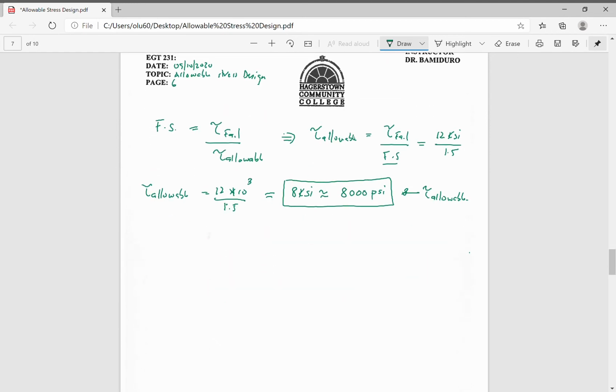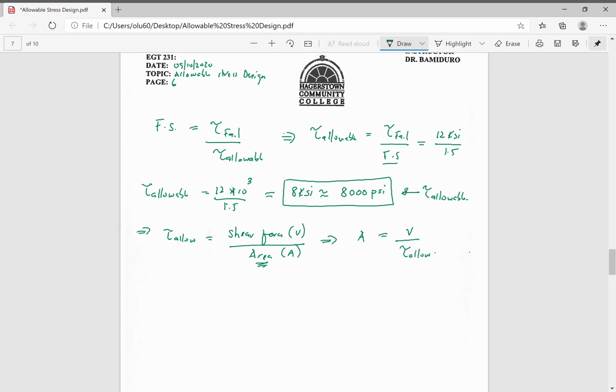Once we found that part, we can move forward. Our tau allowable equals the shear force V over the area of the pin, which would be pin A. Now again, the diameter is what they want, and the diameter resides in the area, so we have to rearrange this and say A, our area, equals our shear force divided by our tau allowable.